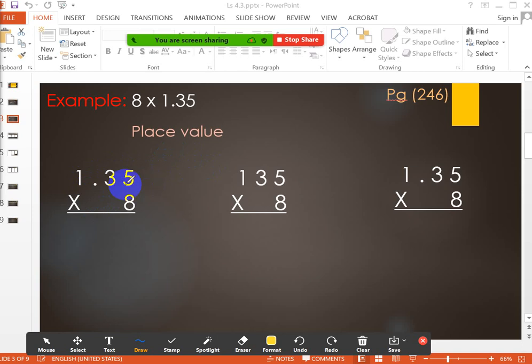To remove the decimal point here, which pattern will I use to multiply it with? Look, I have here 2 digits after the point.